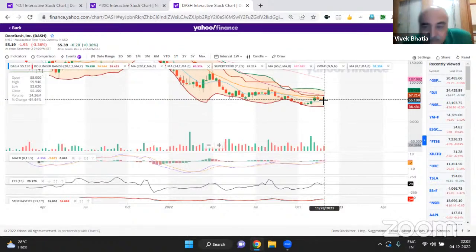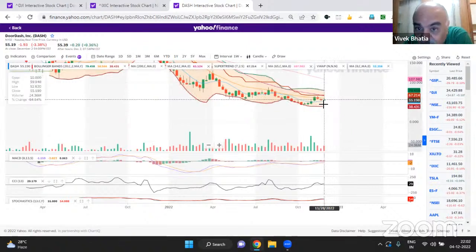A 5% movement. 5% profit, which is round the corner, waiting to be picked up if it breaks 59 in a positive bias.